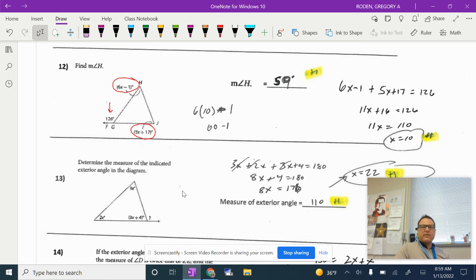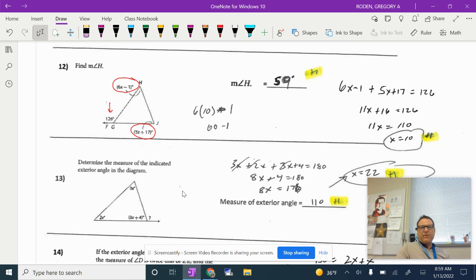So 6x minus 1 plus 5x plus 17 equals 126. And then I combine like terms. So 6x plus 5x is 11x. Negative 1 plus 17 is 16. 11x equals 110. So I get x equals 10. When you take 110 divided by 11, what do we get? 10 here, right?